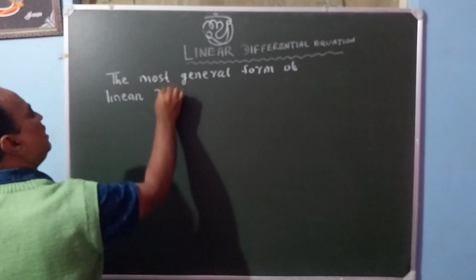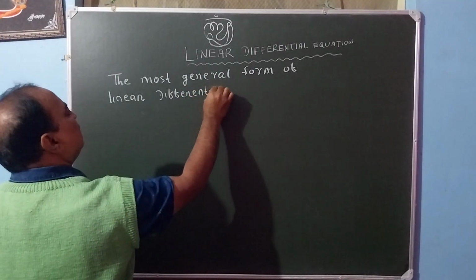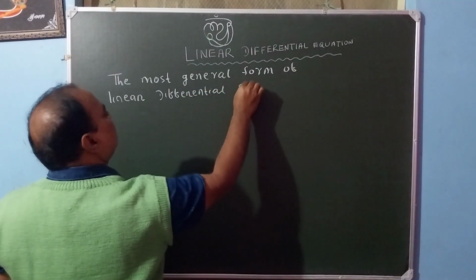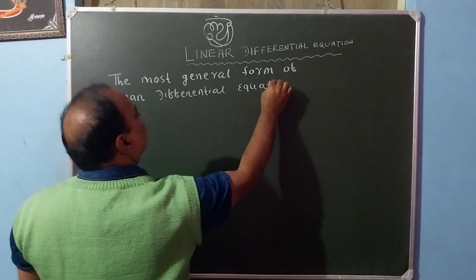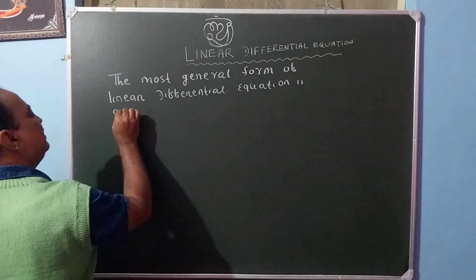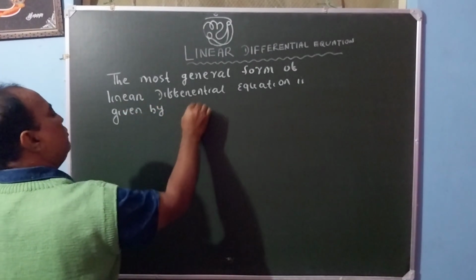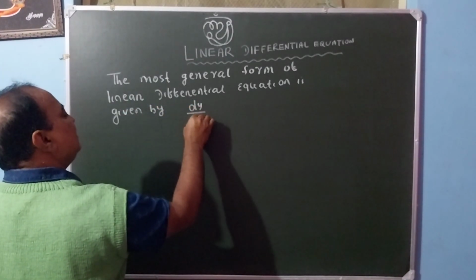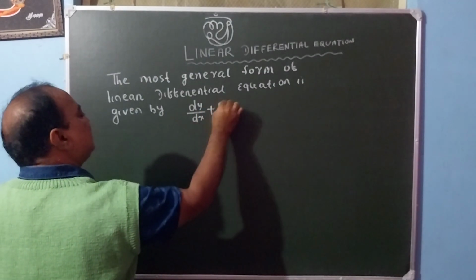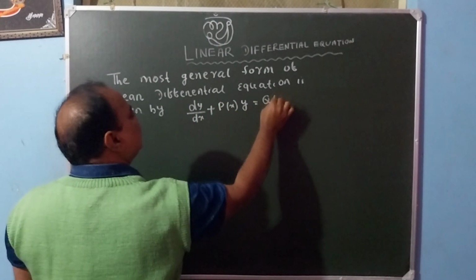It is given by dy/dx plus P(x) into y is equal to Q(x).